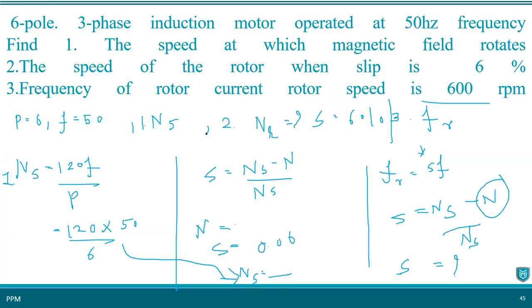Students, got a response. Okay, what is the answer?